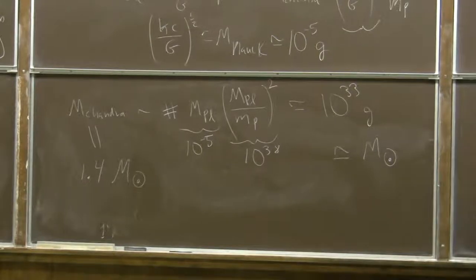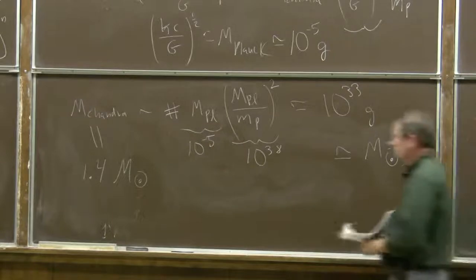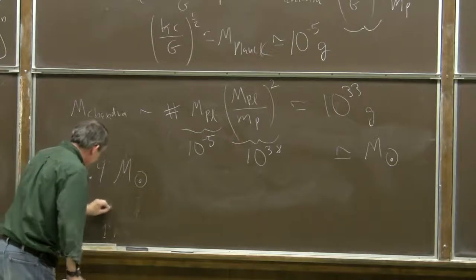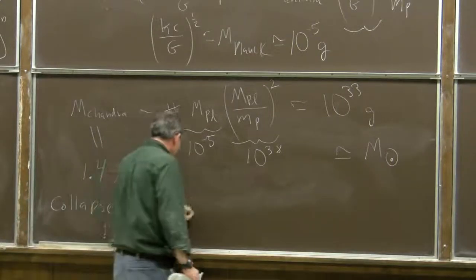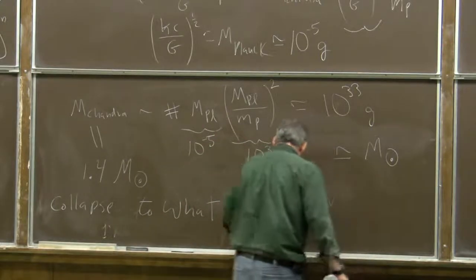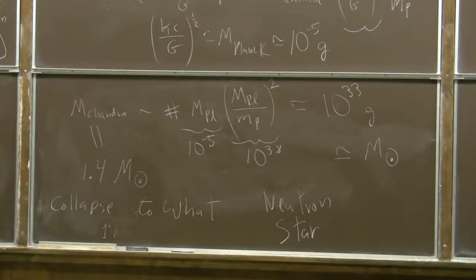So, what happens then? What if the star is heavier than the Chandrasekhar mass, tries to be a white dwarf, but it can't be supported, it collapses, and then what? It collapses to what? It can be a neutron star. All right, let's think about that a minute. So we've got this gas of electrons, and they're very compressed.